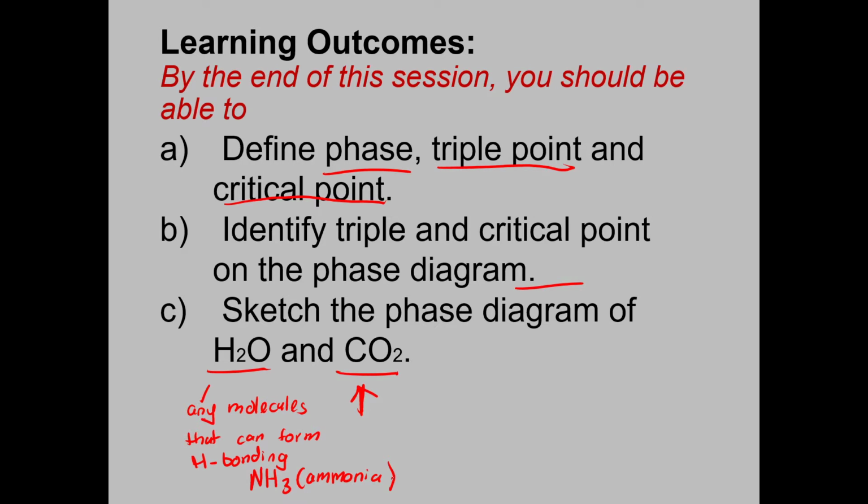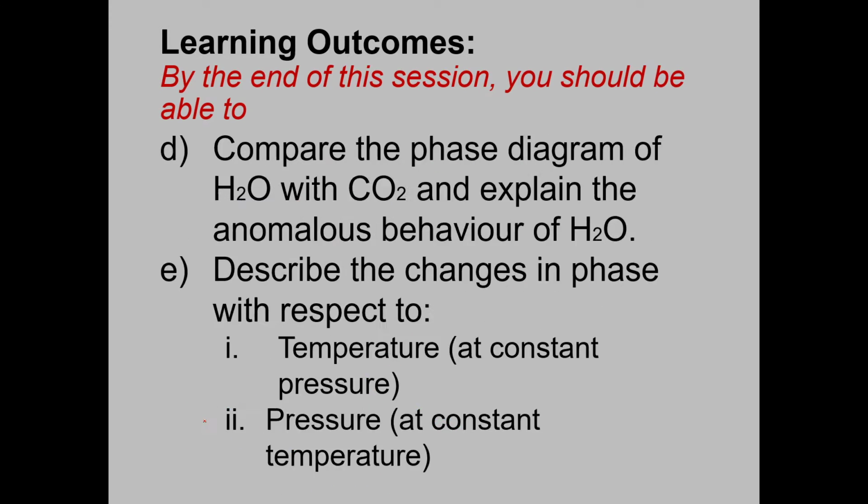Okay, so kalau dia tanya anything, contoh dia tanya carbon dioxide, dia tanya apa lagi, HCl, contoh dia tanya HCl, everything will follow the shape of phase diagram of carbon dioxide. Okay, it's a normal one. Yang pelik bila dia ada hydrogen bonding. That's it.